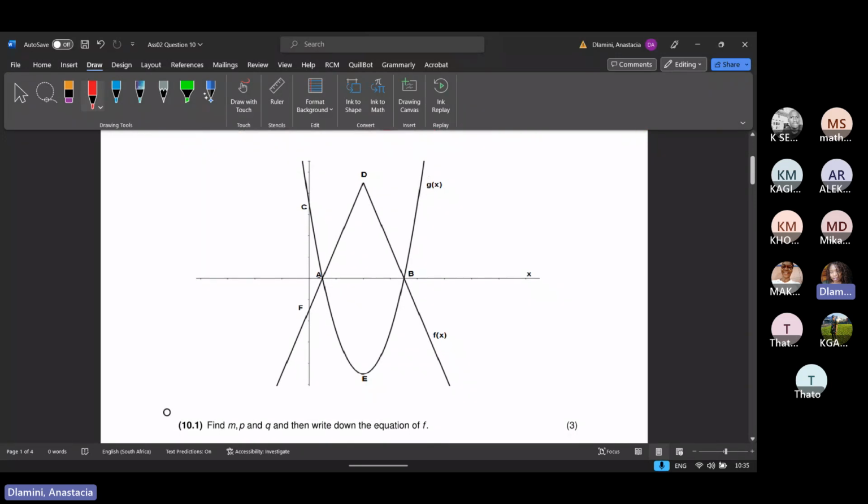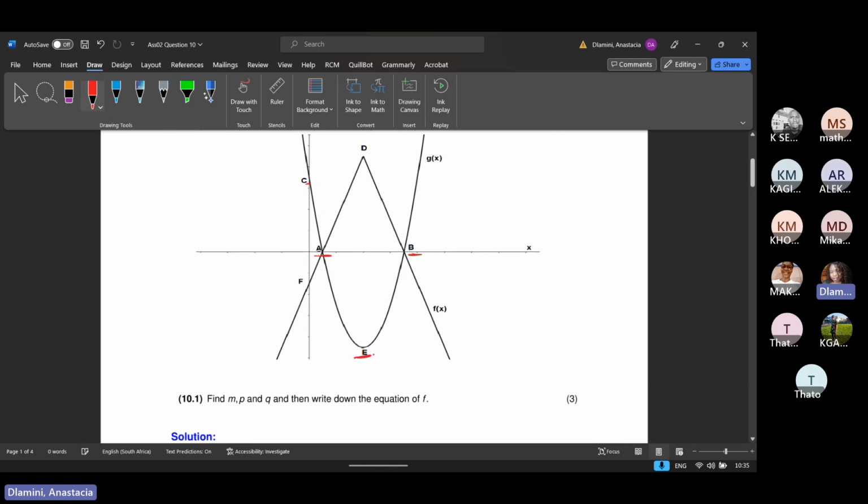Before you find certain points in the graph, you look at the graph and try to analyze it. You'll notice, as we said, A is where the parabola cuts the x-axis, so A is an x-intercept. And then B is also where the parabola cuts the x-axis, so B is also an x-intercept. Now C is where the parabola cuts the y-axis. That is the y-intercept.